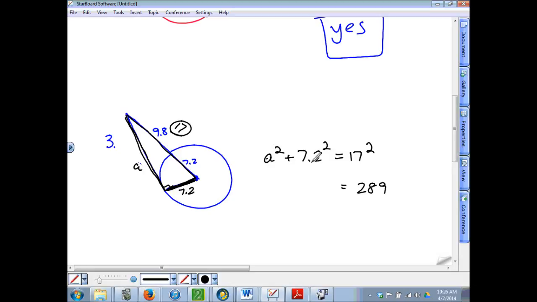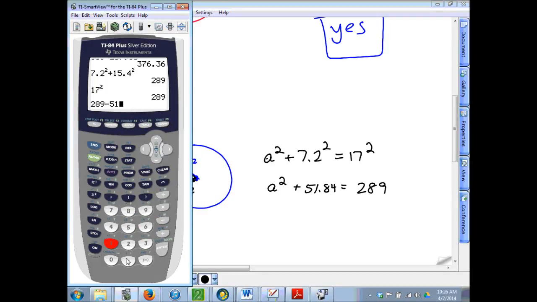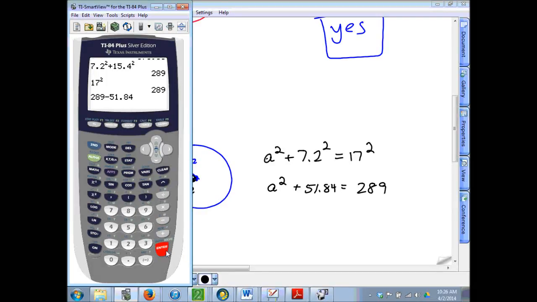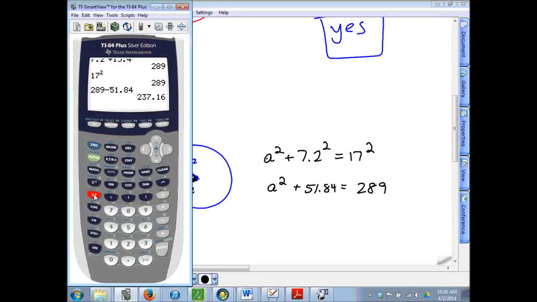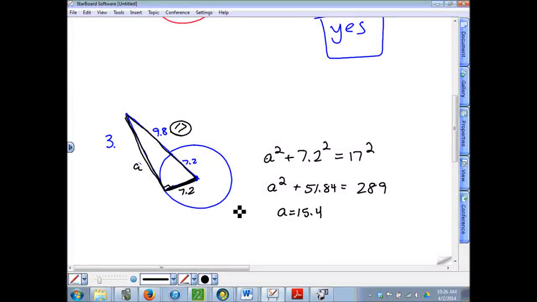We're squaring 7.2, which is 51.84, plus A squared. So we subtract 289 minus 51.84. Then you square root. You get 15.4. So that question mark was equal to 15.4.